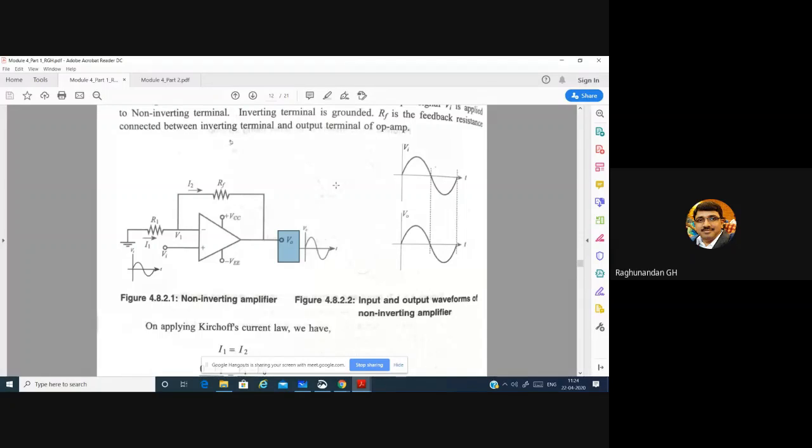Part of the output is given as feedback. That is what the RC phase shift oscillator, or the Hartley or Colpitts oscillator, where we use inductor and capacitor, do with feedback. In a crystal oscillator also, we connect output and input through a crystal. So the output is fed as input, and whatever you are generating acts as input.